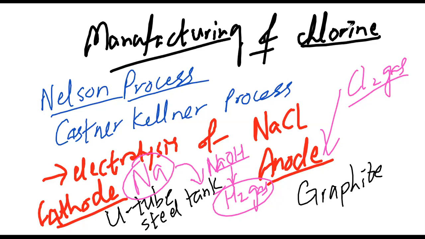Both of these products are separated and used where we want. And the chlorine gas, which is what we want to manufacture, is obtained at the anode. So this was the manufacturing of chlorine.